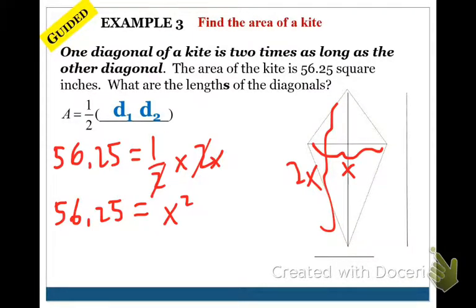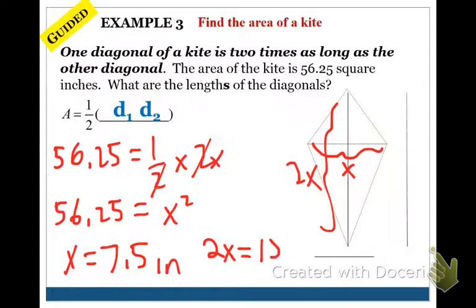What's the square root of 56.25? 7.5. So X is 7.5. And that would just be inches, not squared, because it's the length. And what would the other diagonal be? 15. 7.5 times 2. 15 inches.